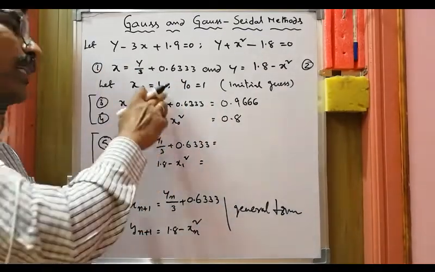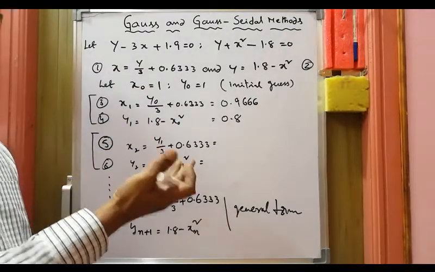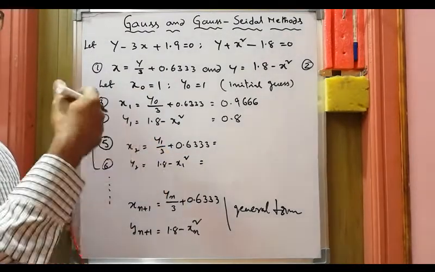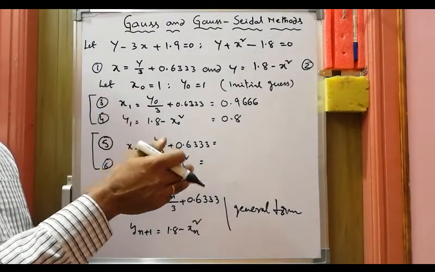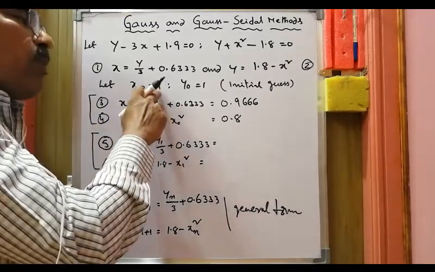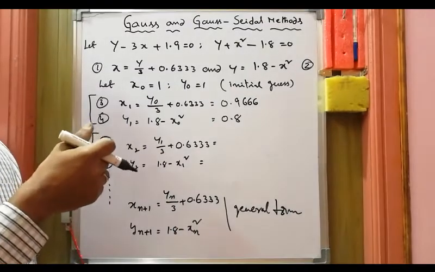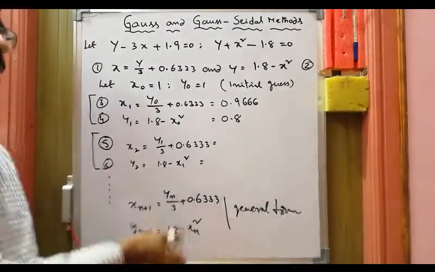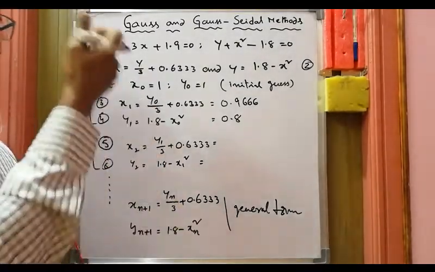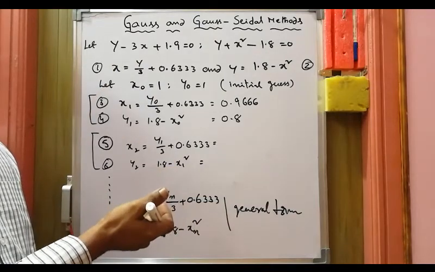If you assume x naught 1 and y naught 1, in the first iteration itself you get convergence. Suppose you assume x naught 100, y naught 100, that is very much deviated from the actual values, then you need to continue maybe 20-25 iterations.